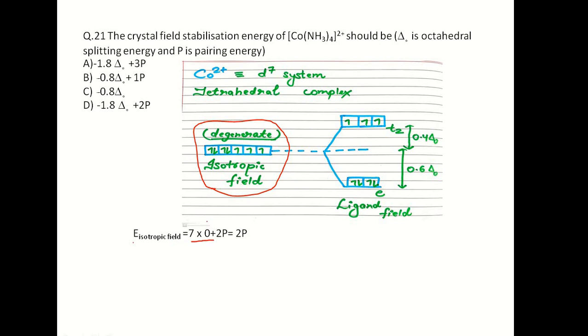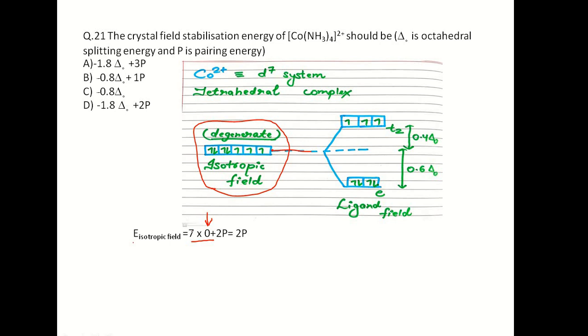Why am I multiplying this 7 with 0? 7 here represents the number of electrons, and 0 means the orbitals' energy is neither increasing nor decreasing from the average value. This line is known as barycenter. All the orbitals are at barycenter, so energy is neither increasing nor decreasing.